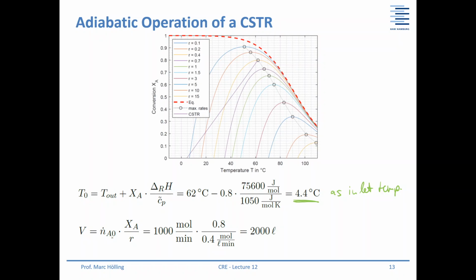We know the mole flow is 1000 mole per minute, conversion is 80%, the reaction rate here is 0.4 mole per liter minute, and then you end up with a volume of 2000 liters, and this is nearly 5 times the volume of the optimal path.